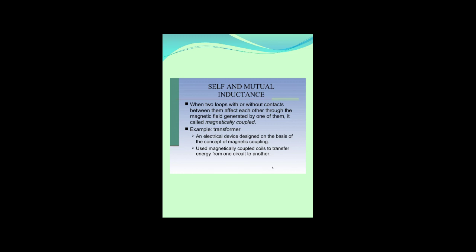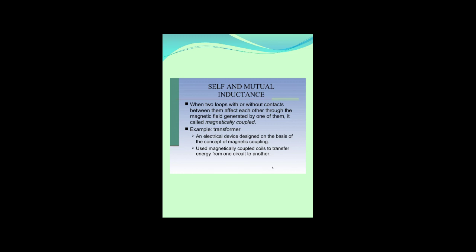When two loops, with or without contact, affect each other through the magnetic field generated by one of them, they are called magnetically coupled. For example, a transformer.